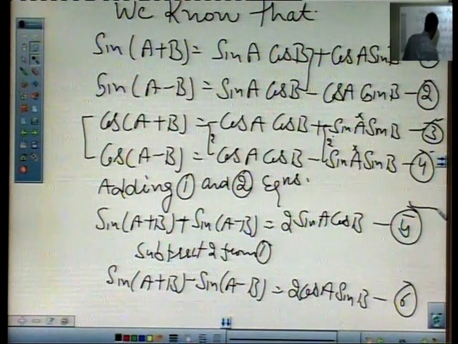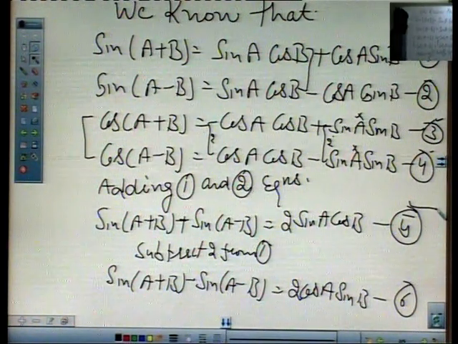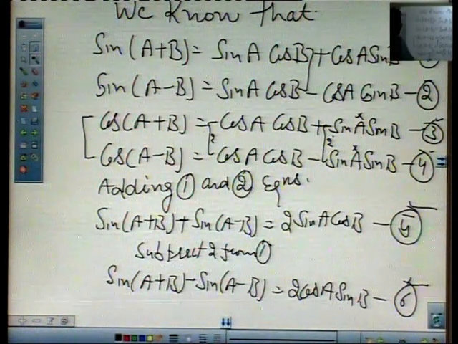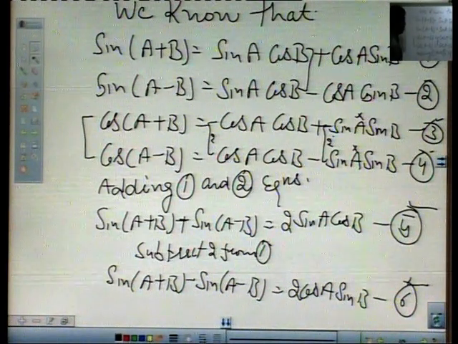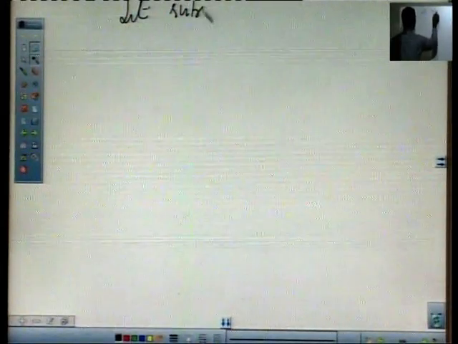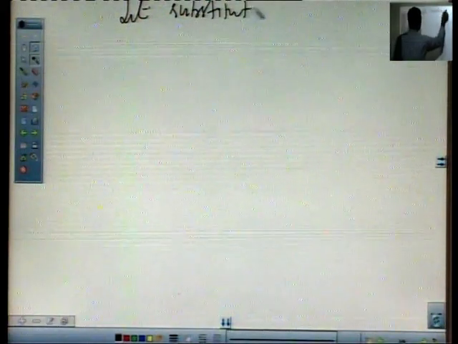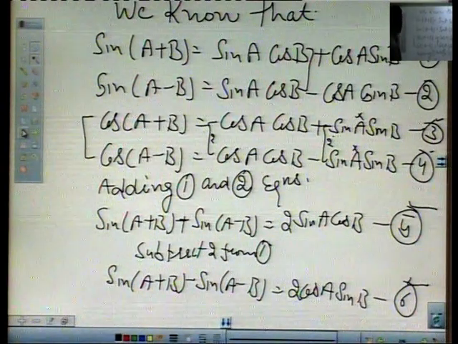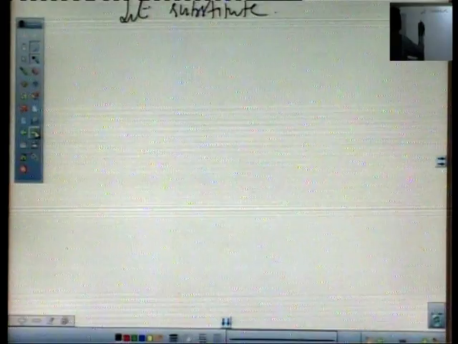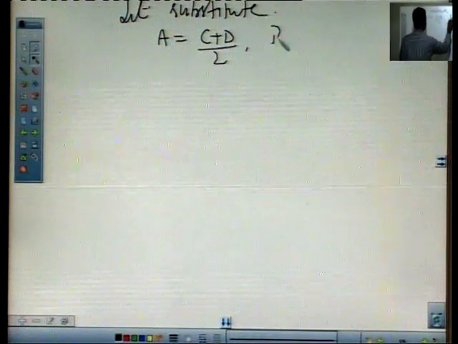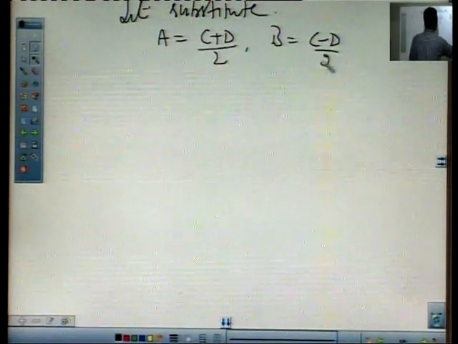Equation 5 is sin A plus B plus sin A minus B, and equation 6 is sin A plus B minus sin A minus B equal to 2 cos A sin B. Let's substitute the values of A and B, where A is C plus D by 2 and B is C minus D by 2.